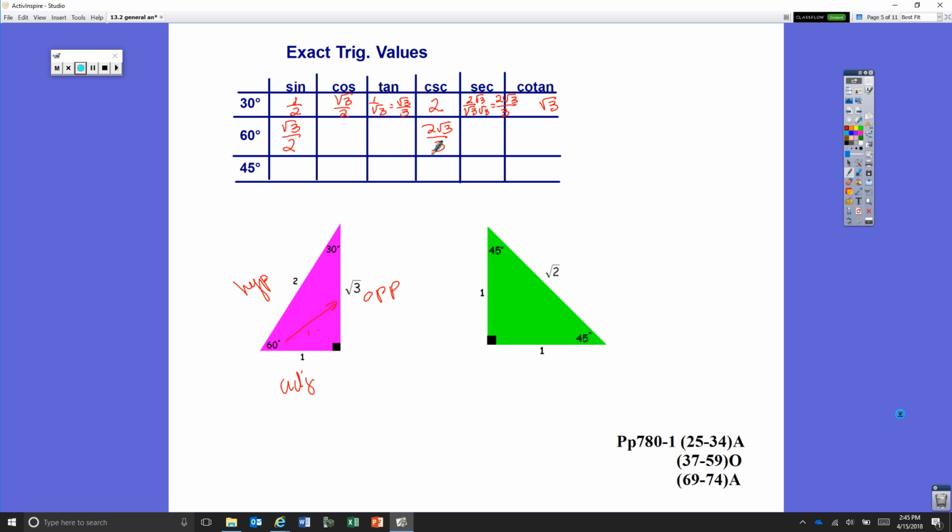Cosine is adjacent over hypotenuse, so it's 1/2. So its reciprocal, secant, would be 2. And then tangent, opposite over adjacent, square root 3 over 1 is square root 3. Its reciprocal would be 1 over square root 3 or square root 3 over 3.